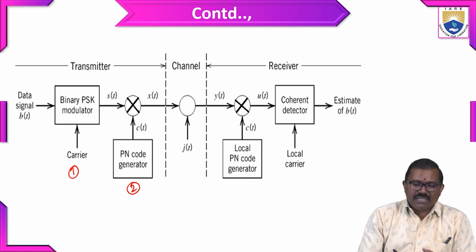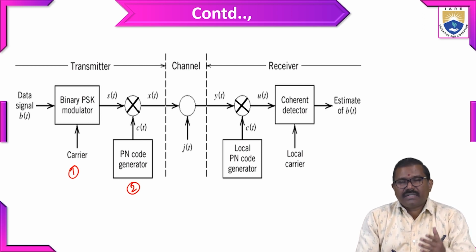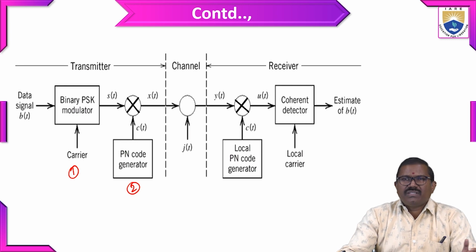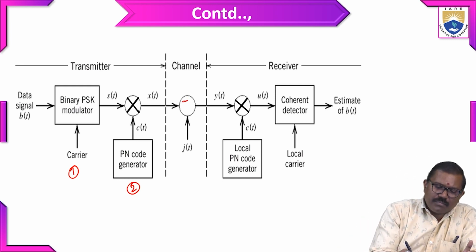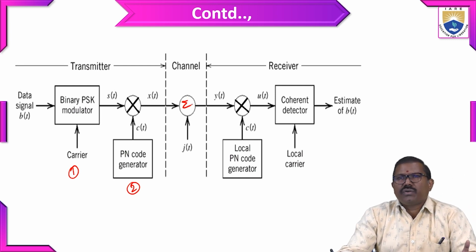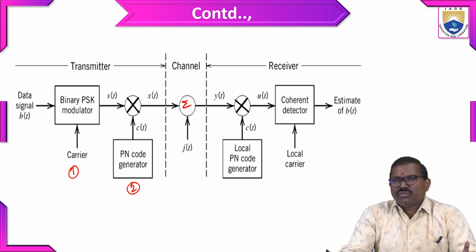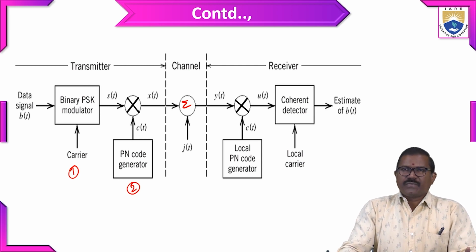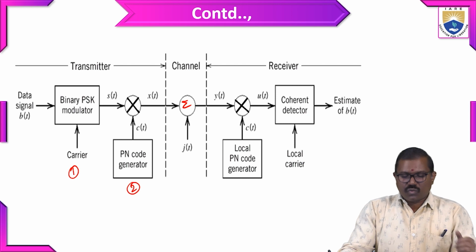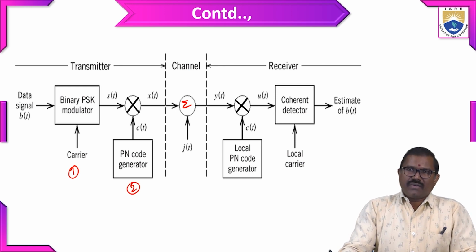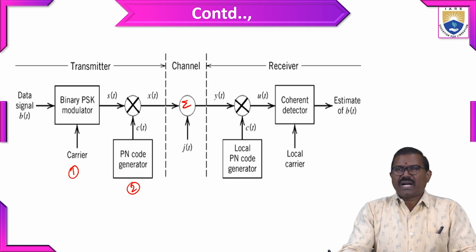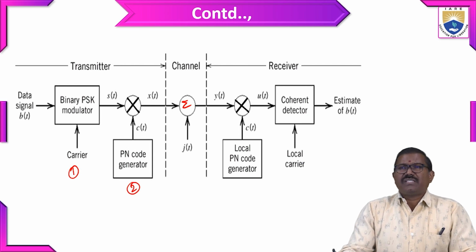The final result is x(t), and it enters the channel. In the channel, simply noise is added, so the received signal is a noisy signal, which we call y(t). This y(t) is applied to the receiver's first stage, then the second stage, and the final output is the estimate of b(t) from the decision making device.